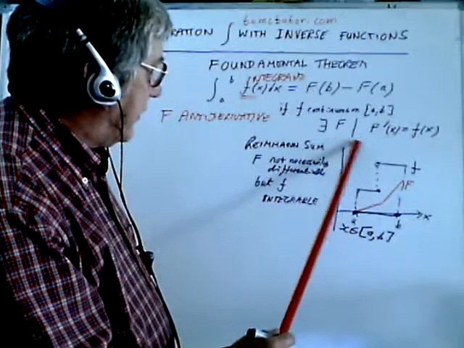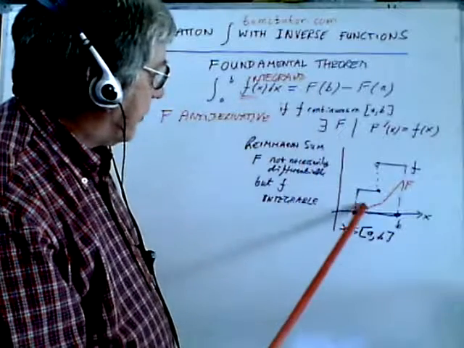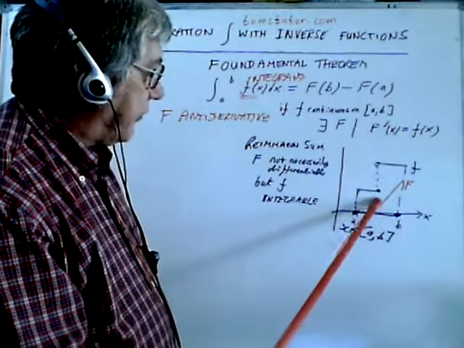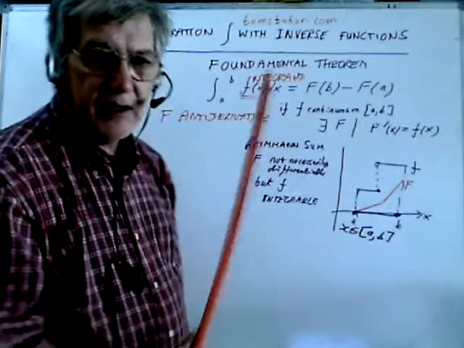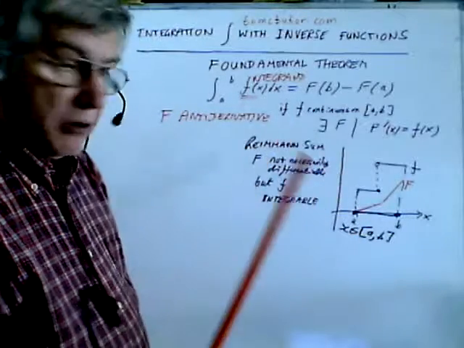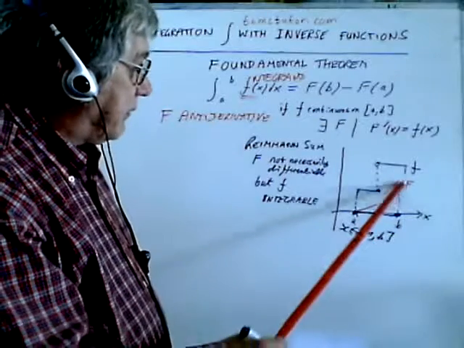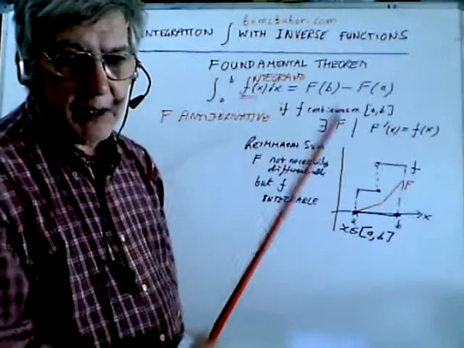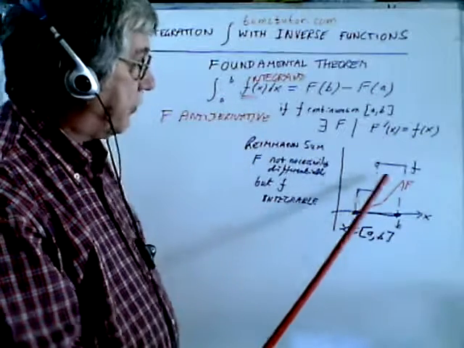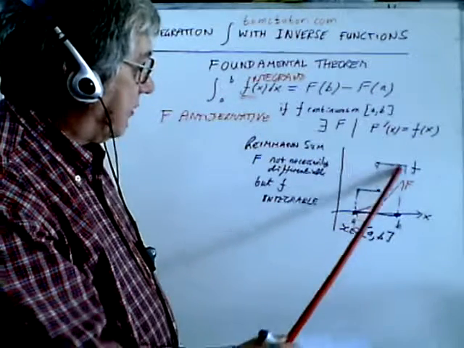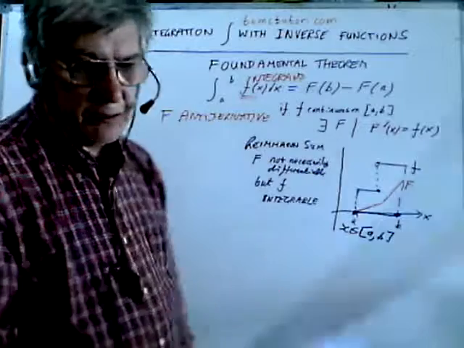The reason we've got problems with this function is it's not differentiable everywhere in the region. But that's not a problem, because, as I said, we can still find the area. We just do it piecewise. We break up the interval into two parts, find the area there and the area there, and we can just add them back together.